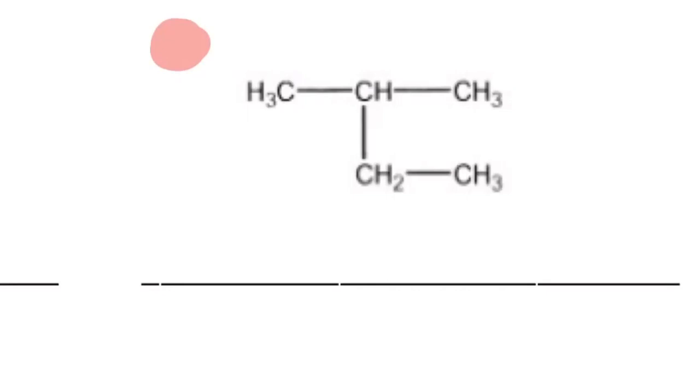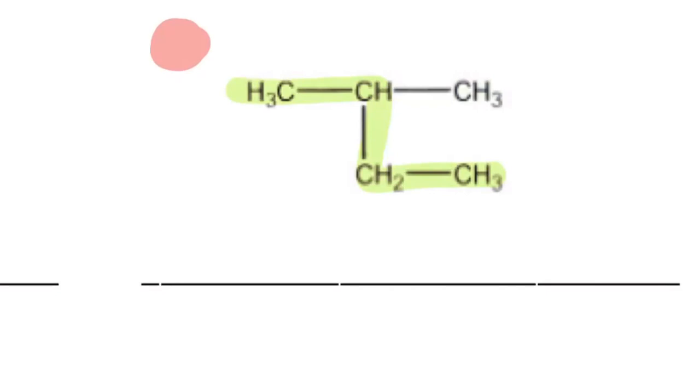The correct answer is 4. I know that you're tempted to say 3, but look, the longest continuous chain is this. When it comes to alkanes, you're going from CH3 to CH3. So instead of going straight across, you can go to the right and down, and that's 4 carbons.